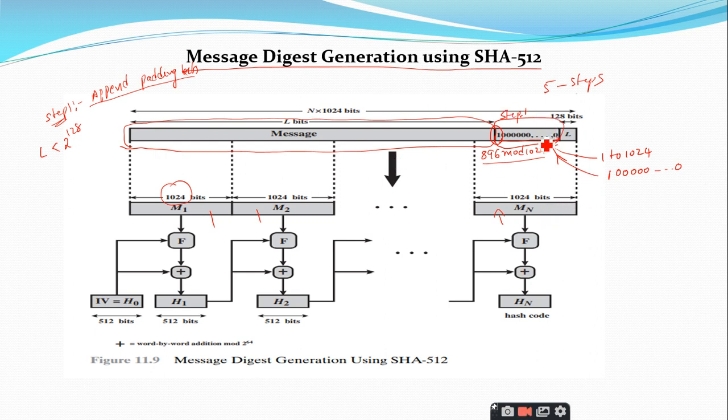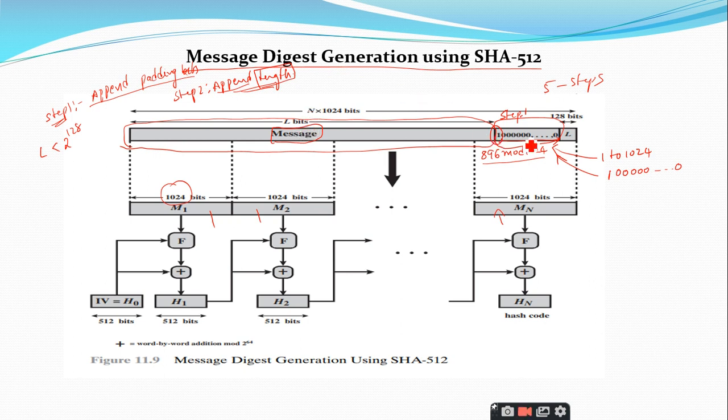And after you pad these bits, step 2, let me write here, step 2 is nothing but append length. By this name you can understand that you are going to append the length of the original message. What is the length of the original message we have here? It is L bits.